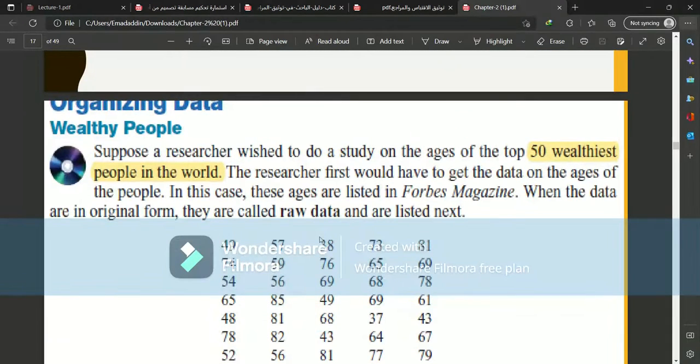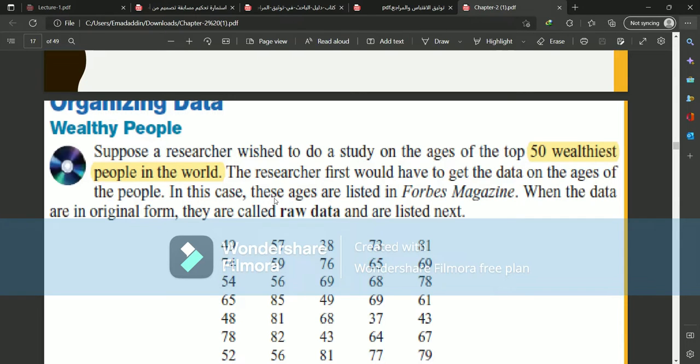We have an example with people. Suppose the researcher wishes to do a study on the ages of the top 50 wealthiest people in the world. The researcher first would have to get the data on the ages of the people.